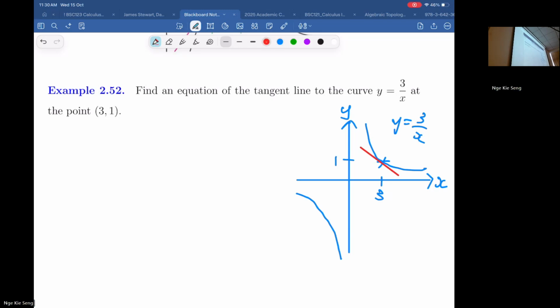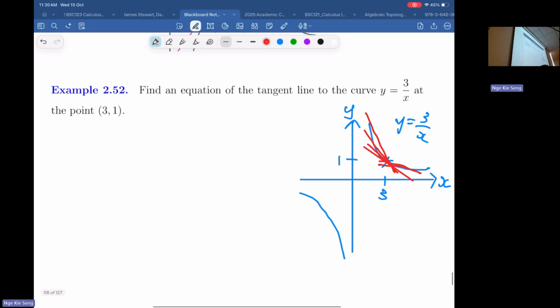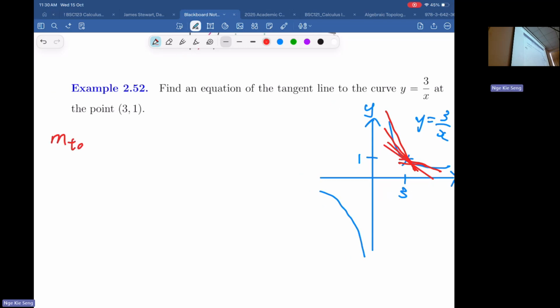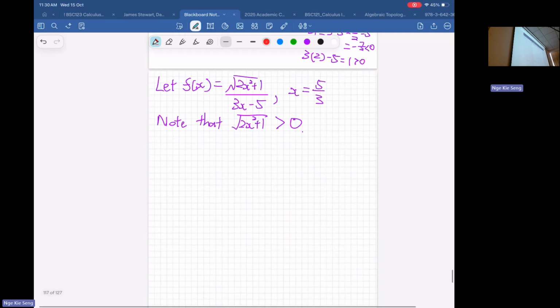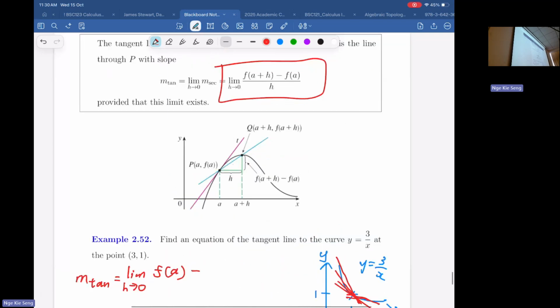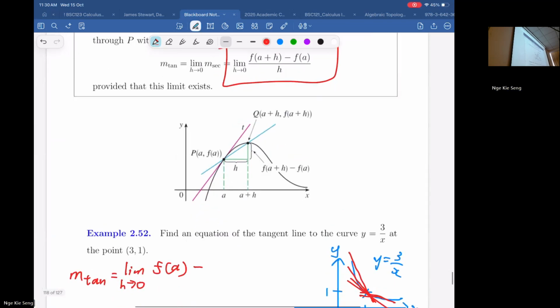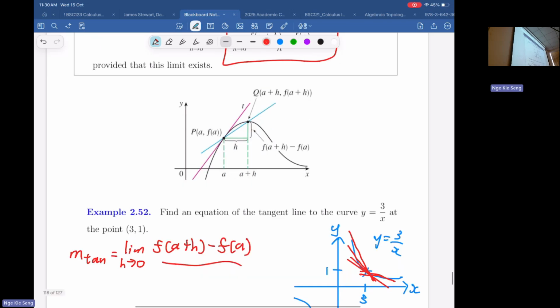So you want to find this tangent line here. But finding the tangent line, you are finding the limit of the secant, like what I told you just now. So you need to find the gradient first. What's the formula? m tangent equals the limit as h goes to 0 of f(a plus h) minus f(a) over h.